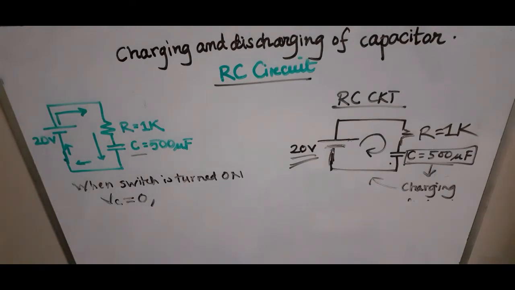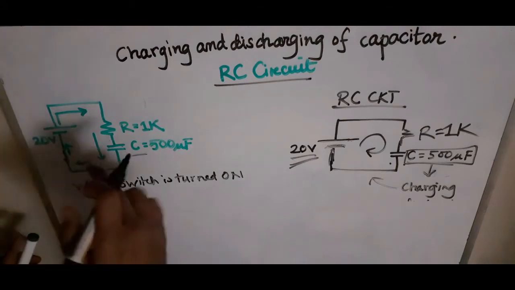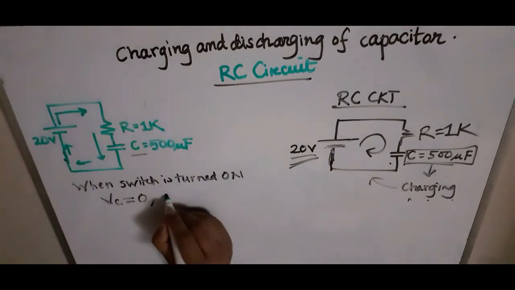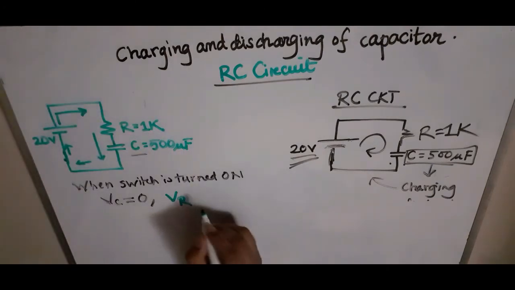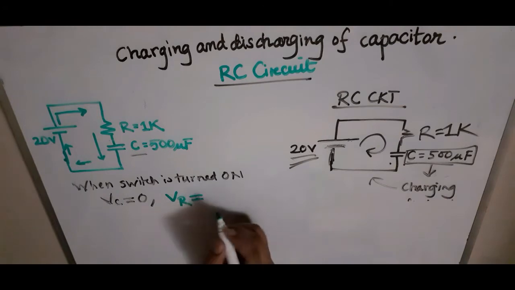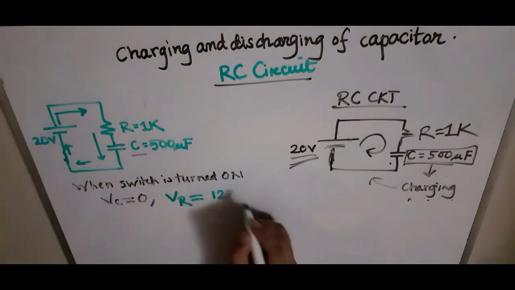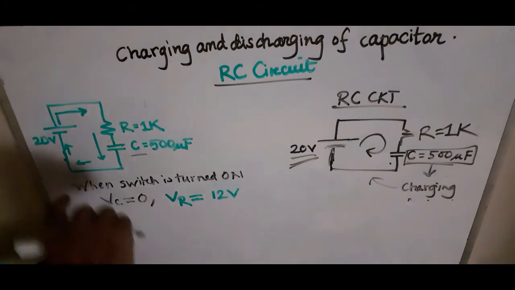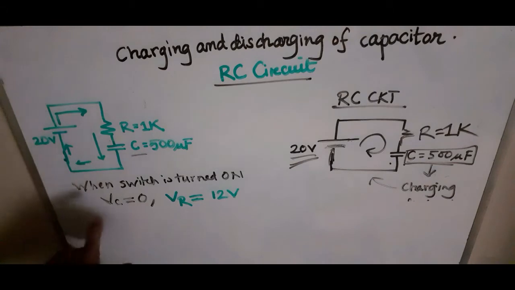And what will be the voltage across this resistor? The voltage across this resistor is denoted with VR, and it should be 12 volts. You need to remember this one. Why am I telling this? When the switch is closed, current starts flowing.